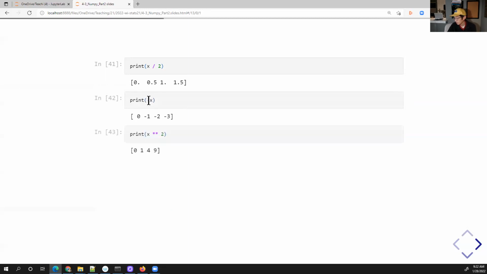You can also do a negative sign, and it will turn everything negative. You can do powers and raise everything to the second power, so we're squaring everything. You can do modulo division, and this will give you the remainders. And you can also ask for absolute values. So this is all fine and dandy.